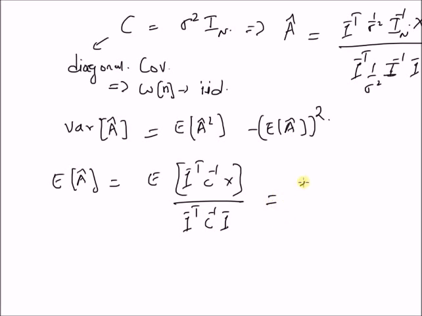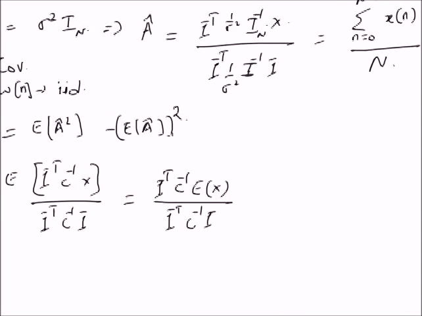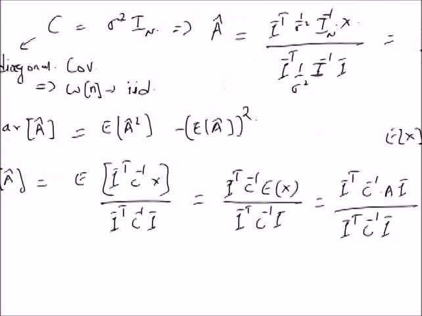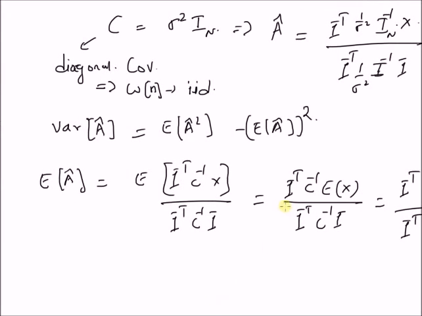So we have 1 bar transpose C inverse expectation of x divided by 1 bar transpose C inverse 1 bar. And since the expectation of x is equal to A times 1 bar, this can be rewritten as 1 bar transpose C inverse A times 1 bar divided by 1 bar transpose C inverse 1 bar, which is clearly equal to A. Therefore, expectation of A hat is equal to A, and therefore A hat is an unbiased estimator.